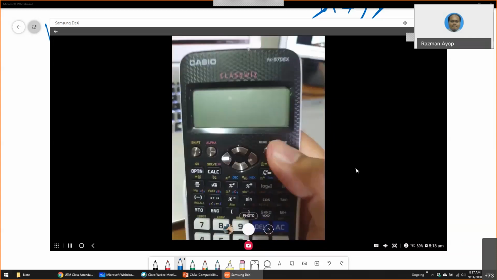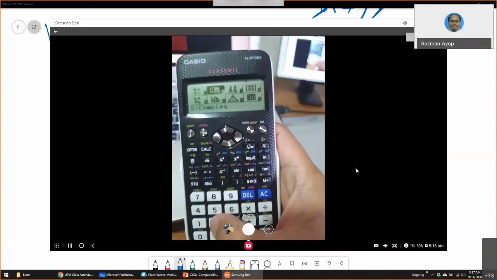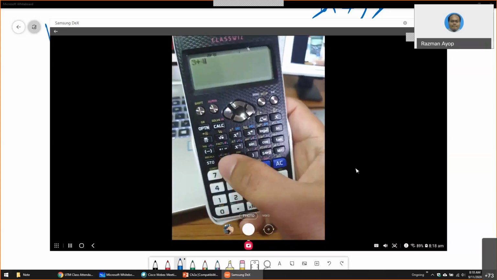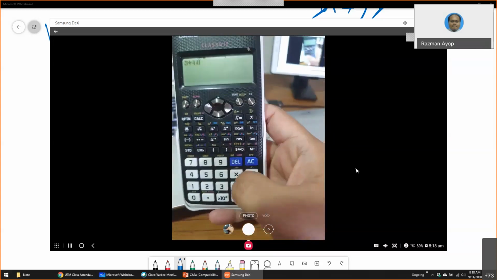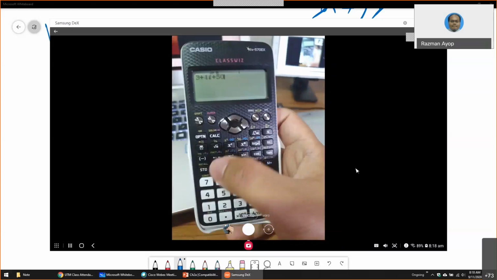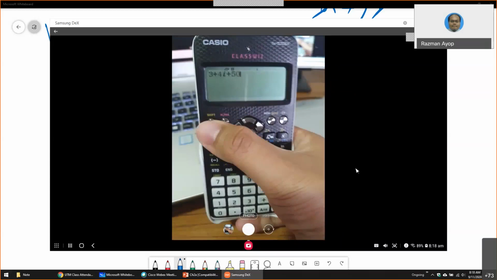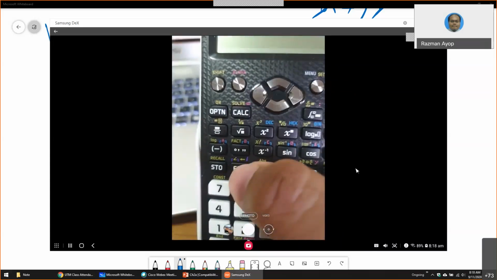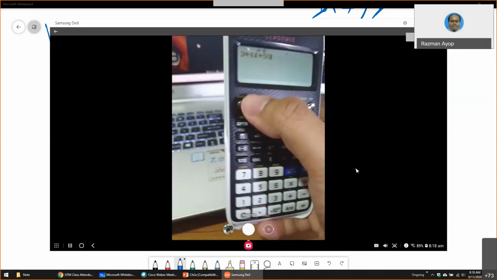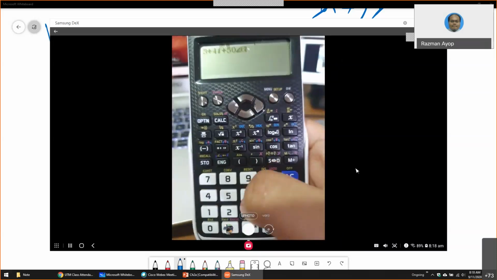If you use the new calculator, go to the complex mode. 3 plus 4i, plus 50, shift, this is the angle, then negative 60.